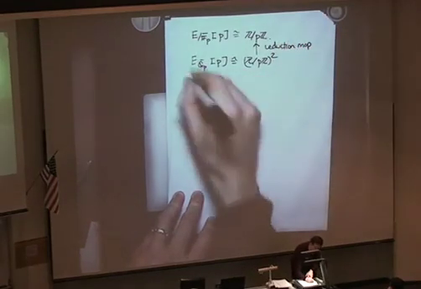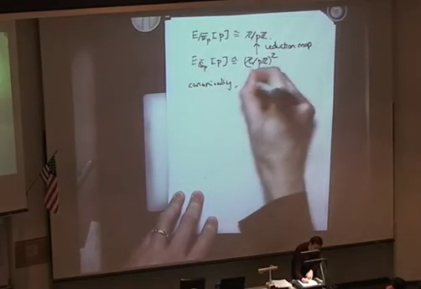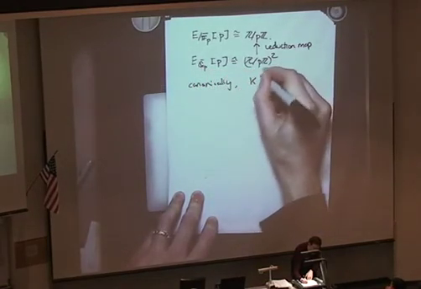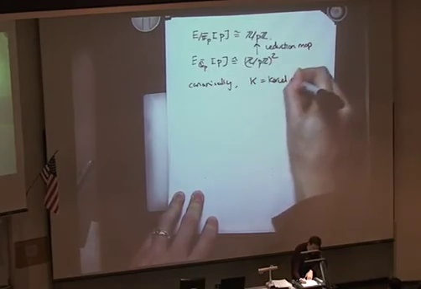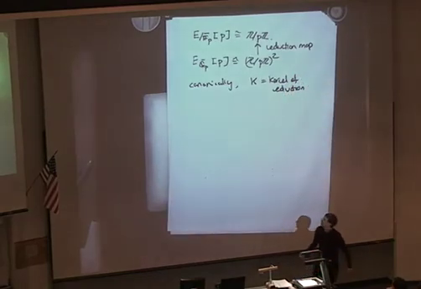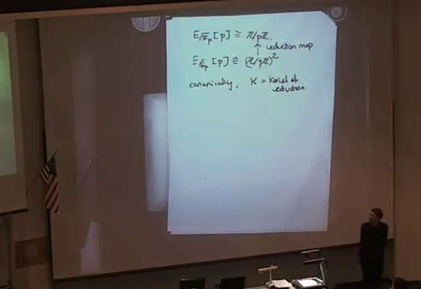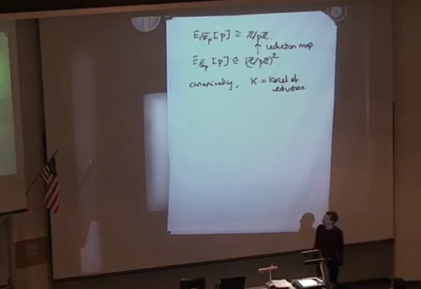And what we get then is canonically the kernel K, which is the kernel of reduction. Well, maybe I should have called it P. So we've done exactly what we needed to do. If you have an ordinary elliptic curve, you can canonically come up with a subgroup of order p.